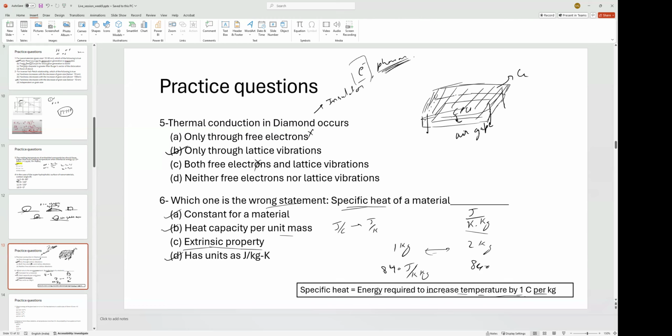What else is extrinsic? Length, volume. Okay, these are all extrinsic properties. Intrinsic are like specific heat, density. So this is incorrect. So that's why only C is correct.